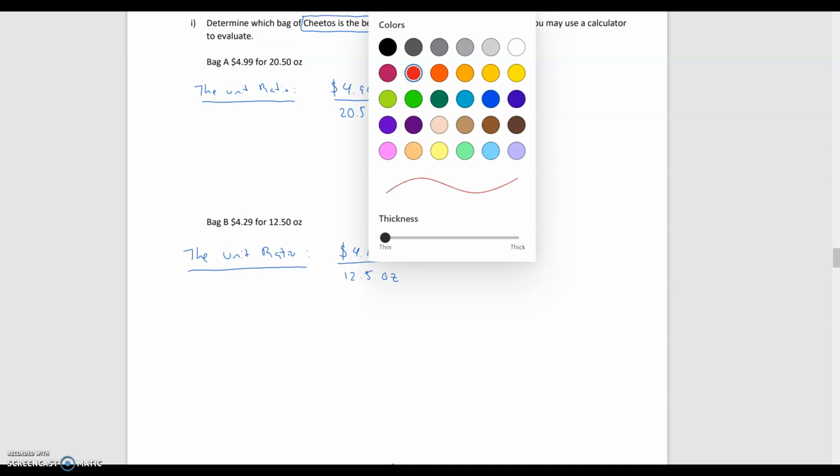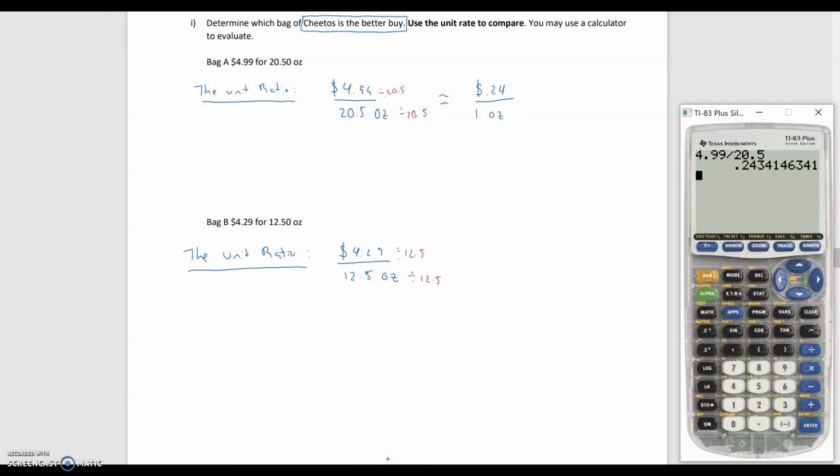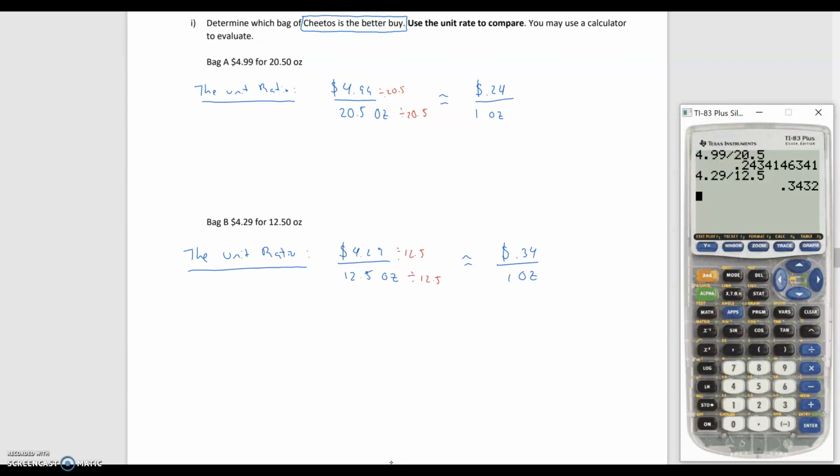On this particular one, we're going to be dividing by 12.5, and that's what's going to give us the actual 1 at the bottom. So 4.29 divided by 12.5 gives us 0.34. So approximately 0.34 per 1 ounce.